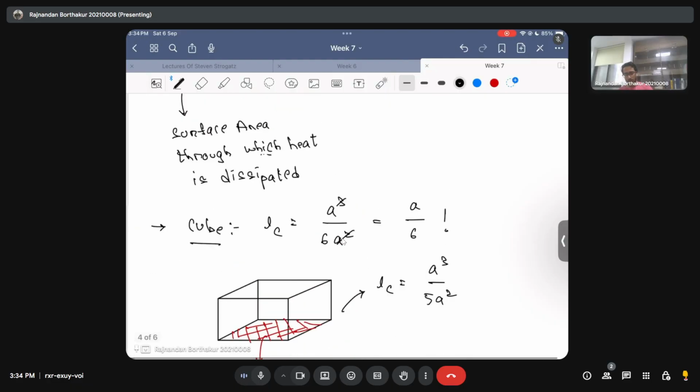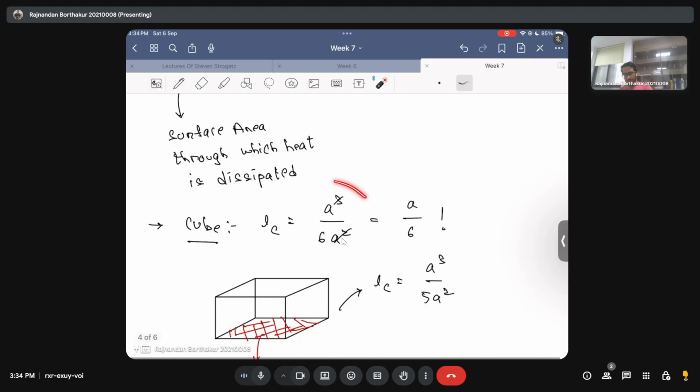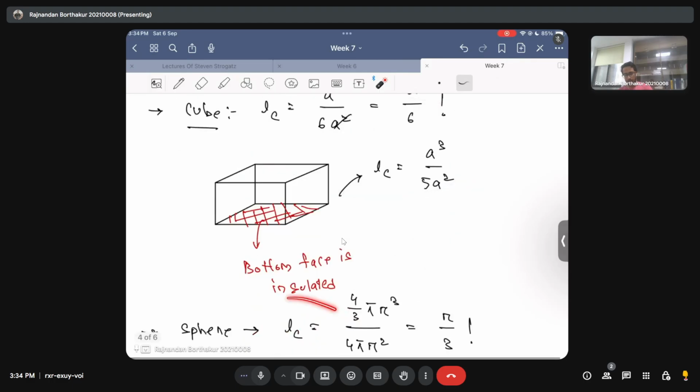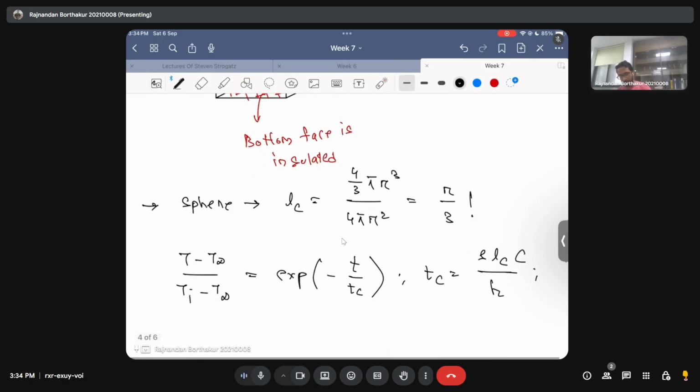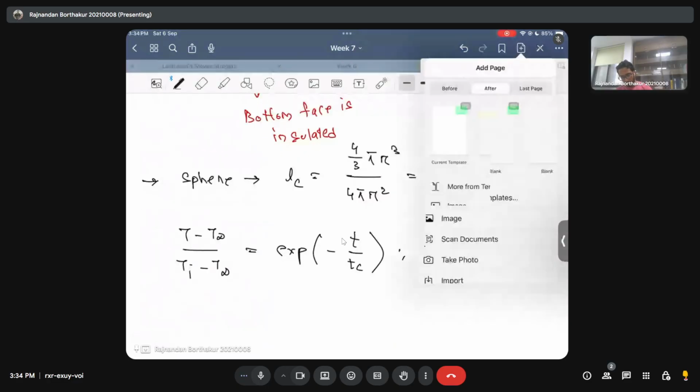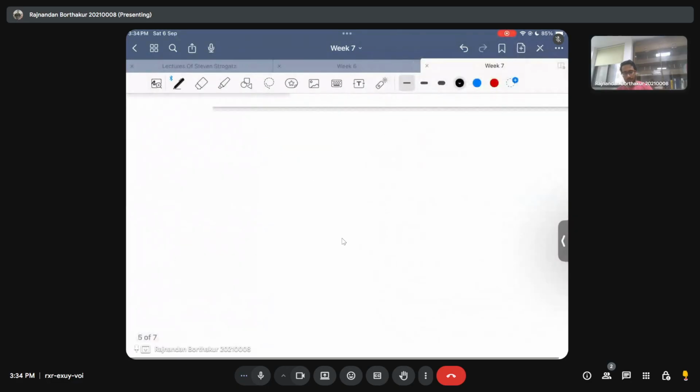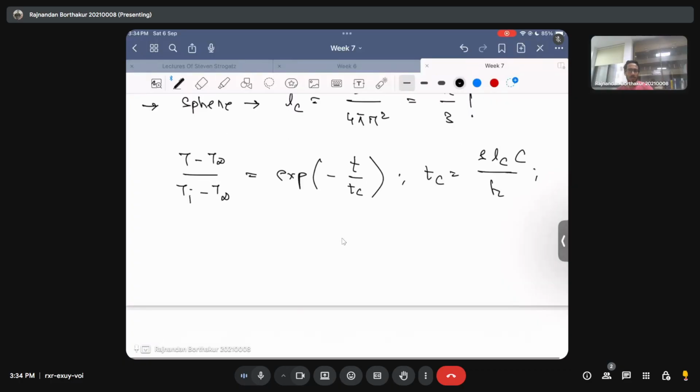And we all know how to calculate the characteristic length from this exercise that we just did. I hope things are clear so far, and I believe you are able to understand what we had been discussing.